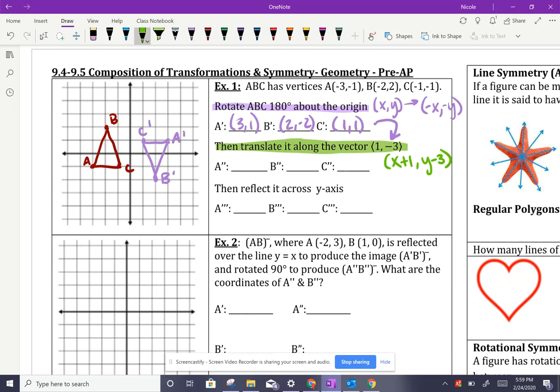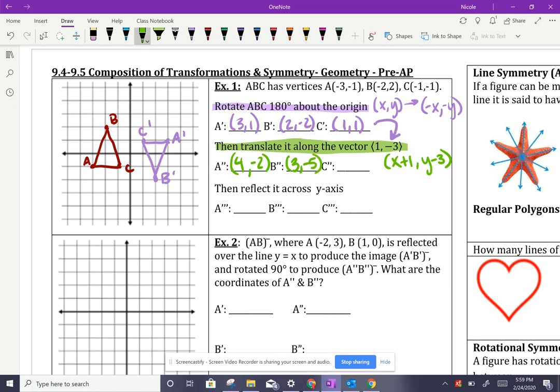So I'm going to look at A prime and see x plus 1. So 3 + 1 is 4. 1 - 3 is going to give me a -2. And I'm going to do this for each one of these. So for B prime, we have 2, -2. I add 1 to the x. That gives me 3, and -5 for B double prime.